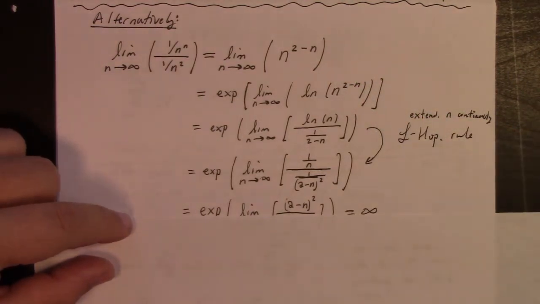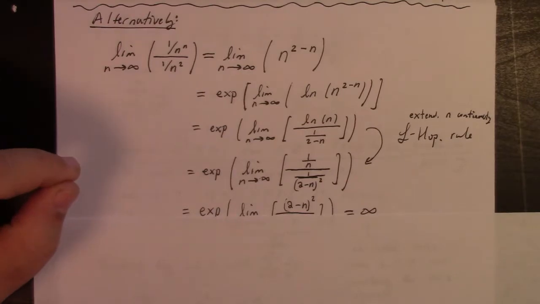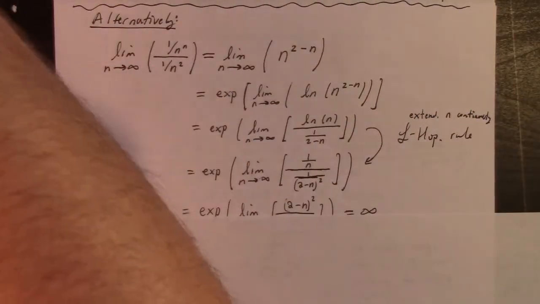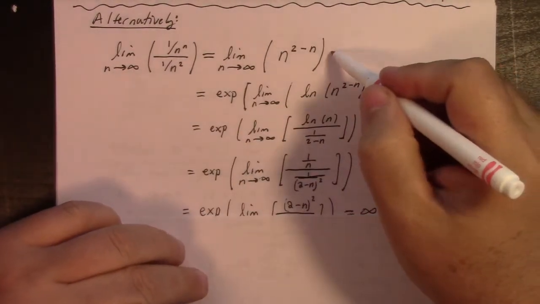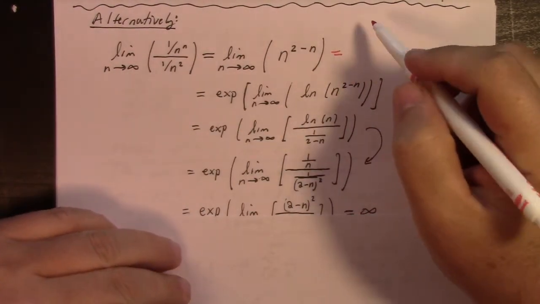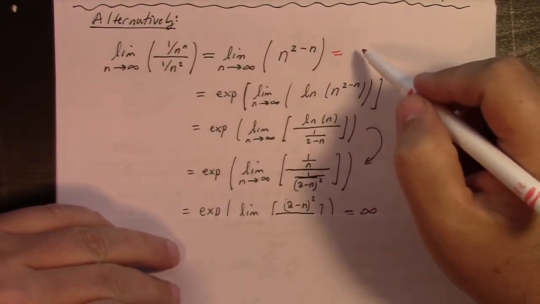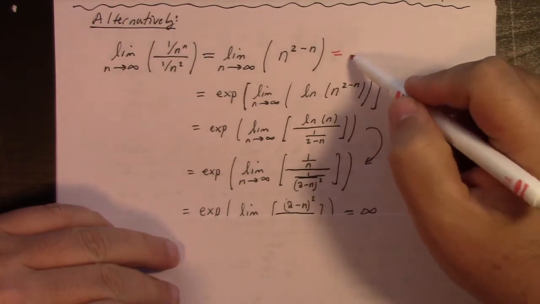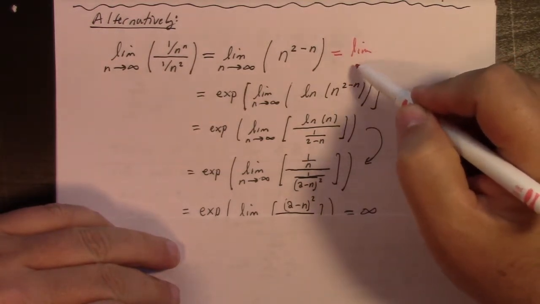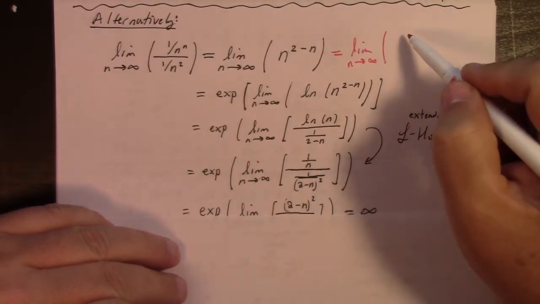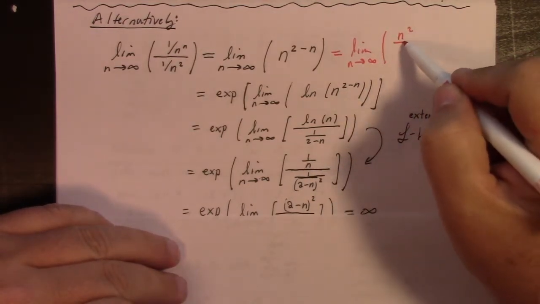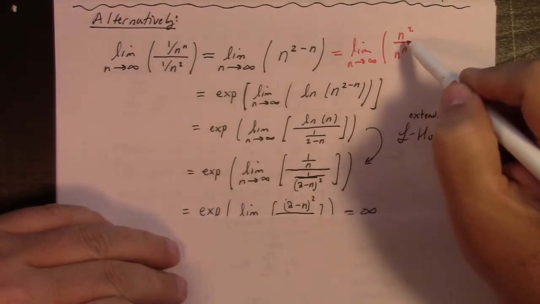Well, let me just take a second here, guys. Sorry about this. So this, just intuitively speaking, would be the limit as n goes to infinity of n squared over n to the n, right?